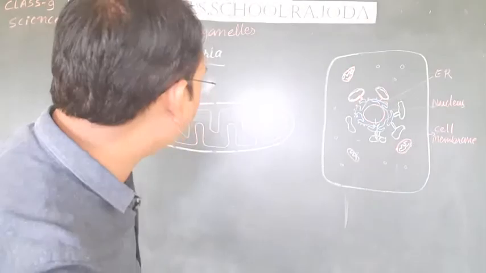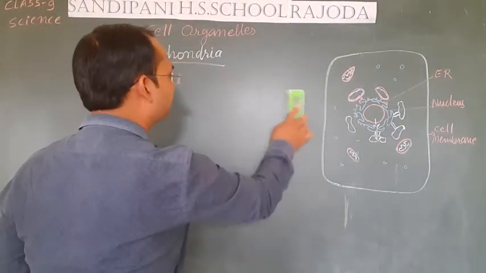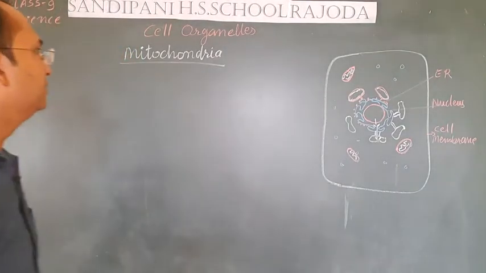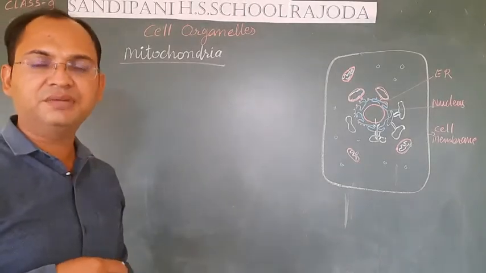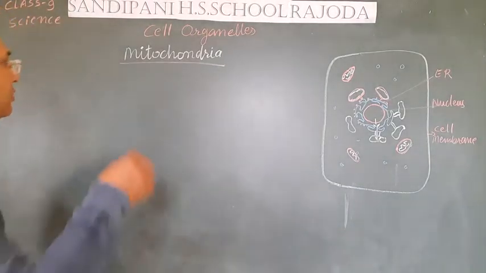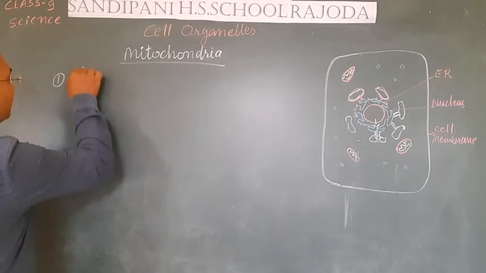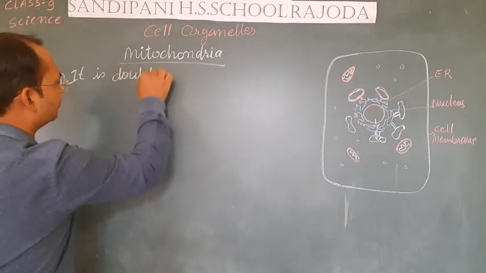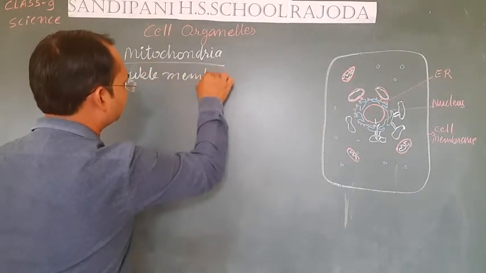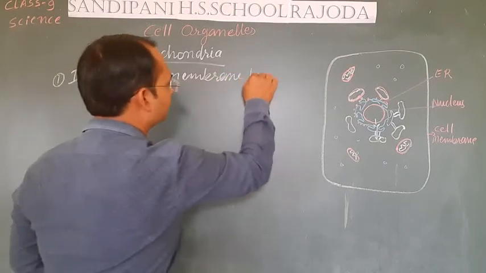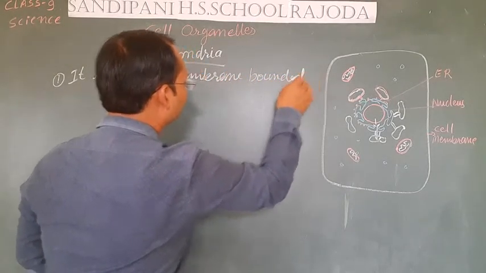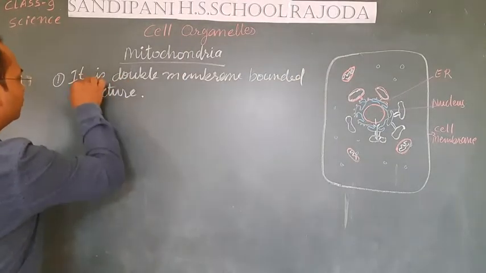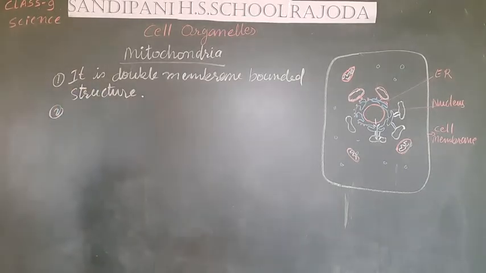Now let's see the different properties and functions of mitochondria that help it to produce energy. The very first property that we have seen is that mitochondria is a double membrane bounded structure, or we can say cell organelle.